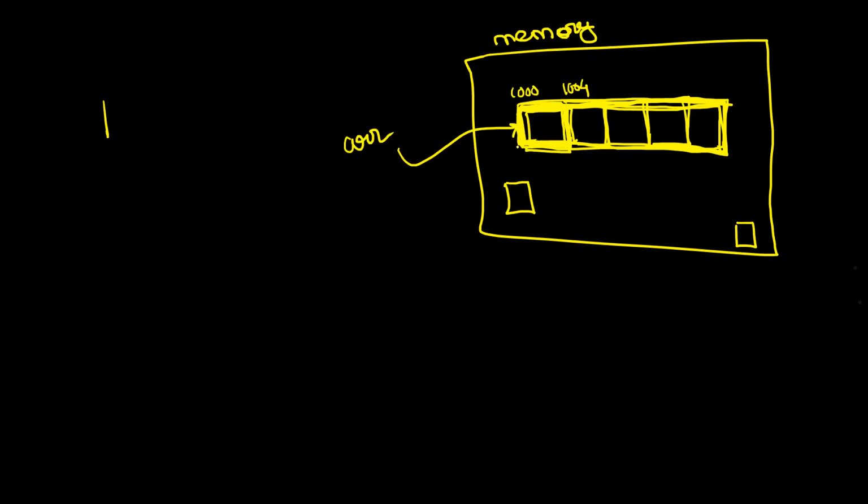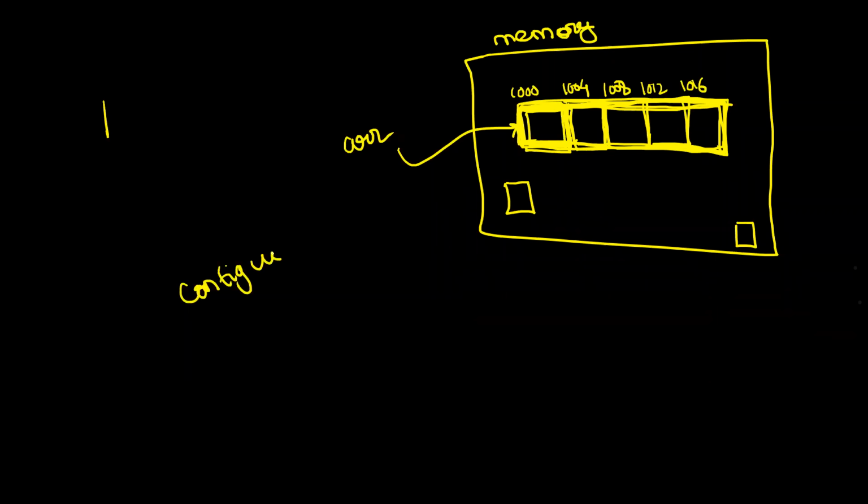If my first block starts at address 1000 and every block is 4 bytes long, the first block occupies addresses 1000, 1001, 1002, 1003. The second block will start at address 1004. The third block will start at address 1008. The fourth block will start at address 1012. The fifth block will start at address 1016. That is what I mean when I say that the array elements are located in contiguous memory locations.